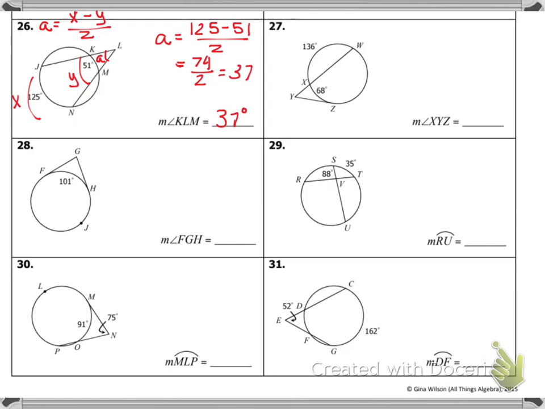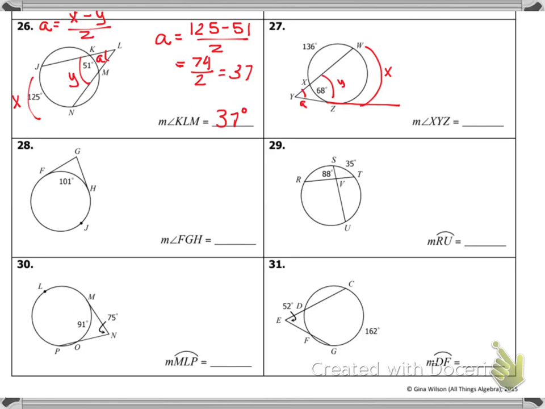For this one, it's pretty similar to that. So instead of this extending and hitting the circle, you can kind of think about it like this being that outside x angle right here. That's your x, and then this part is your y, and then this is your a here. So that angle we're looking for, angle XYZ, is going to be equal to outside minus inside divided by 2.